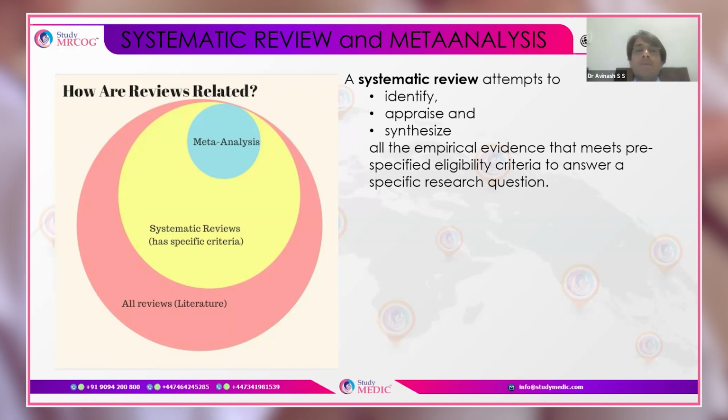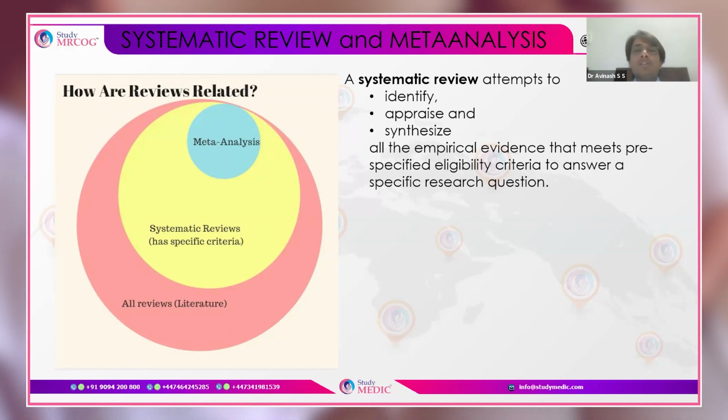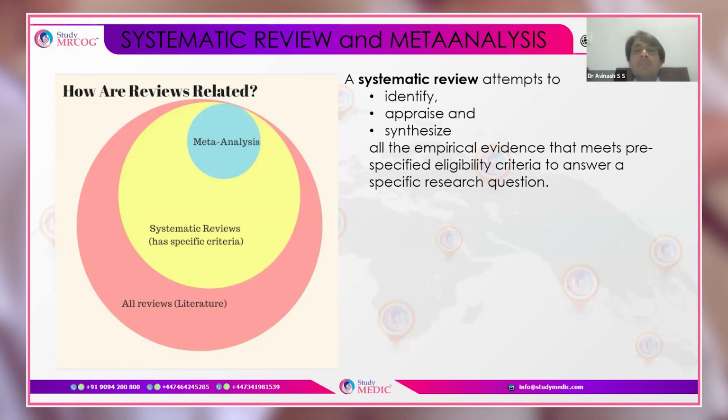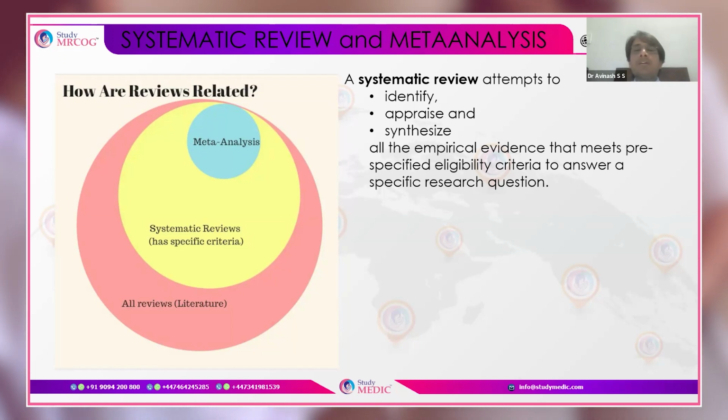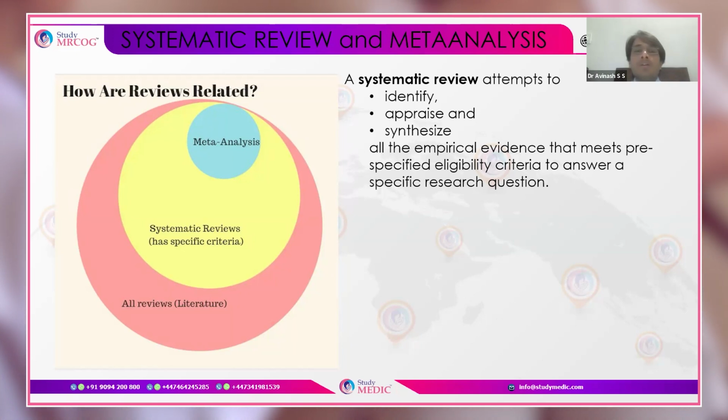For example, if statins decrease the risk of cardiovascular disease when given prophylactically, then we select all the RCTs done for statins. Then we appraise all these RCTs and synthesize all the empirical evidence, to see what these studies tell us, of course with minimal bias. So this is a systematic review.